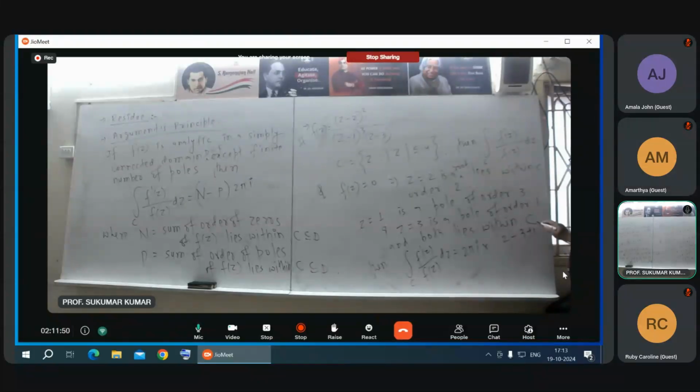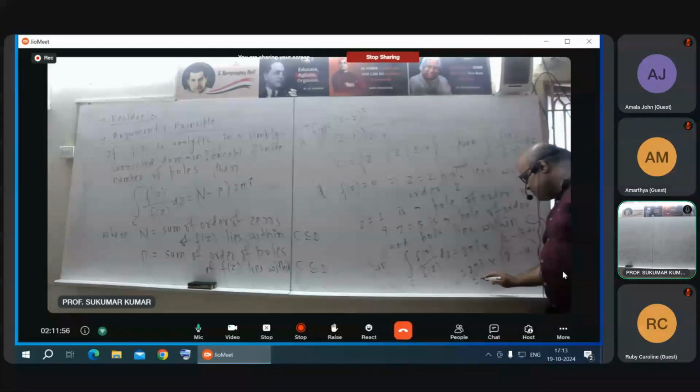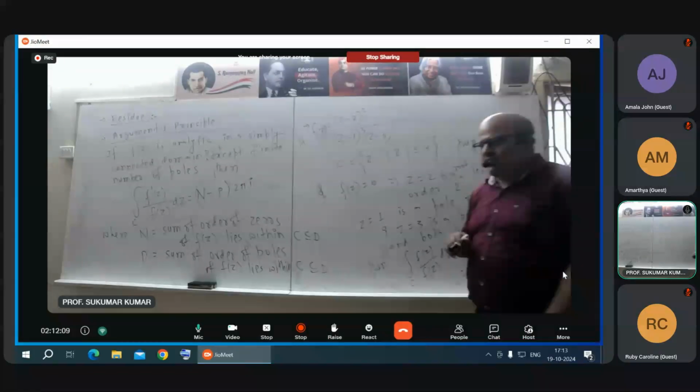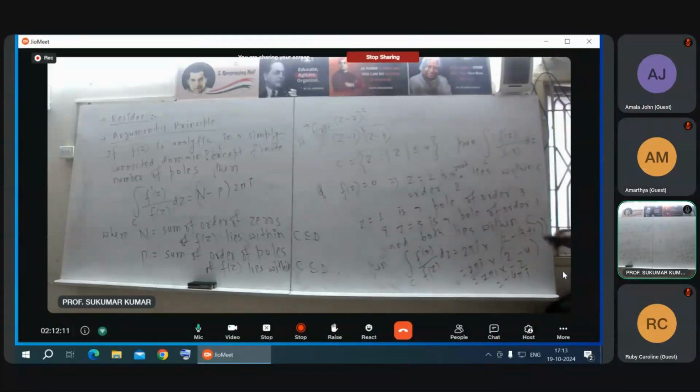So 2 pi I into minus 2, so minus 4 pi I. This is the answer. If you go by the residue concept also, the same answer will come. Sometimes asked, a good theorem this is.